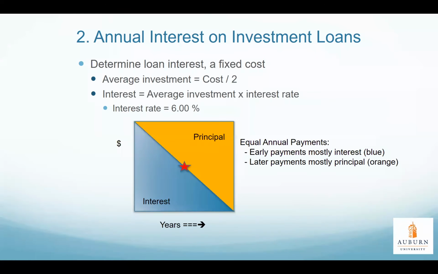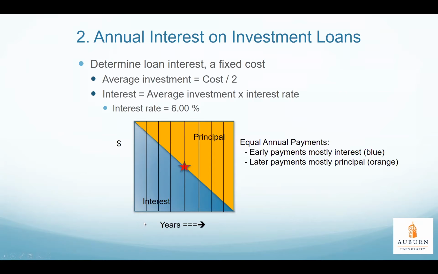Annual interest on investment loans. What we do here is we take the average investment, and that is the item's cost, and we divide by 2. Now, why would we do that? Well, when you think about loans, you have a principal and an interest. And each time you have a payment due, in the early years, it's mostly interest. All of this blue area here is interest, and just a small portion of principal is paid off.